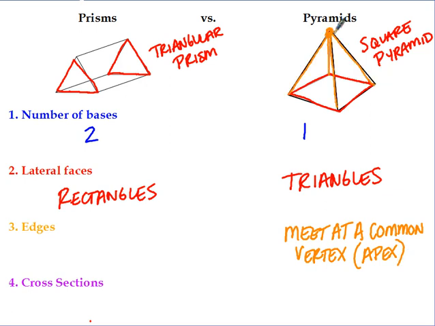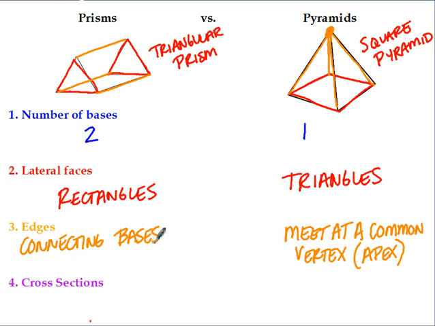They're all meeting at a point. The edges here just match up corresponding vertices to the bases. So if it's a triangular prism, you'll have 3 edges that are all going from one base to the other. So they're just connecting the bases together.